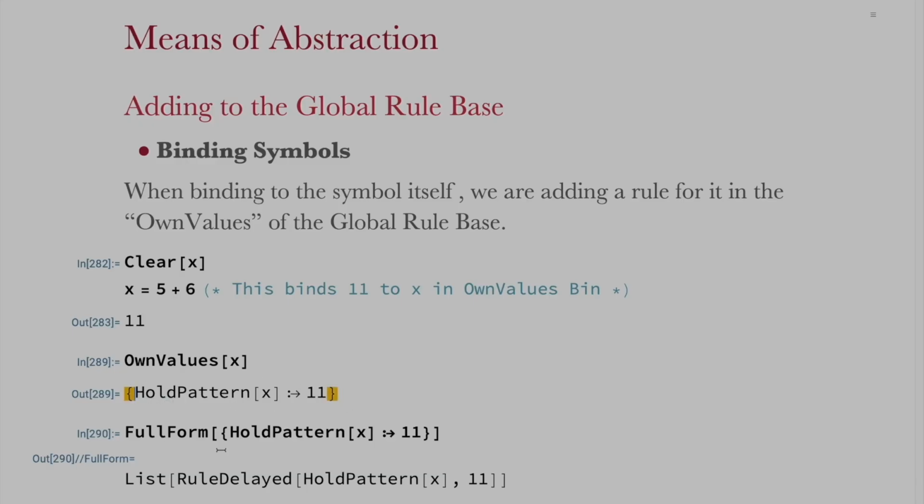Then I see this thing here, the arrow with the two dots, is what's called RuleDelayed. This means that when you apply the rule, whatever is on the right side of the rule, don't evaluate it. Evaluate it only when you see the X. This is the pattern that you're comparing against, and this is what you're substituting it with.